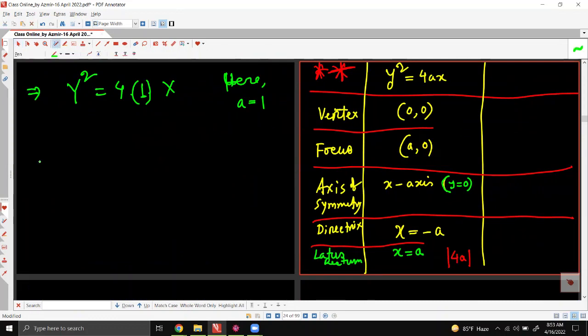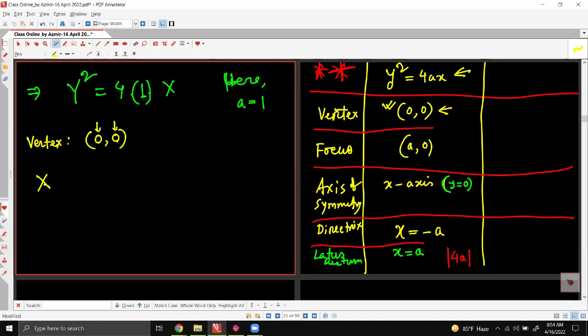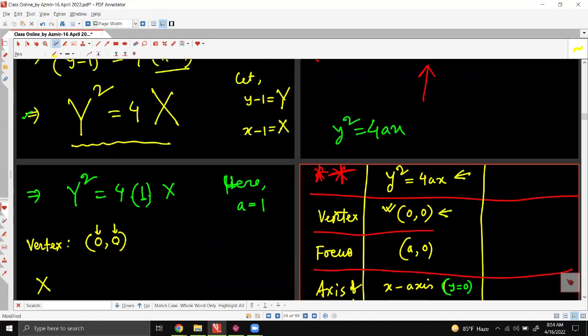So at first, the vertex. The vertex is 0, 0. Since it is y squared equals 4ax, it is going with this equation, so we can apply this formula. So the vertex is 0, 0. That means x is 0, y is 0. The first value is for x, the second value is for y. So we have considered uppercase X, uppercase Y. But finally, the solutions should be with small x, small y.